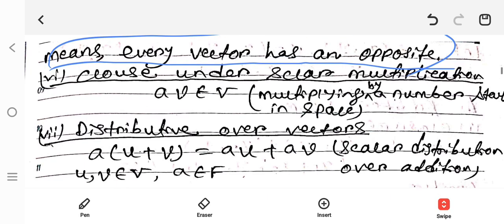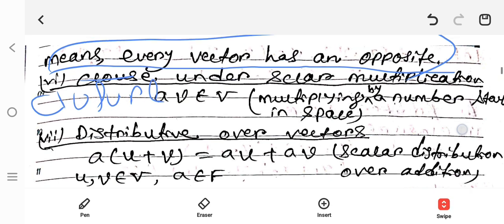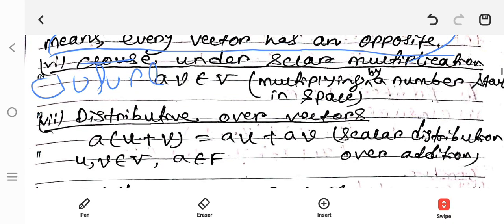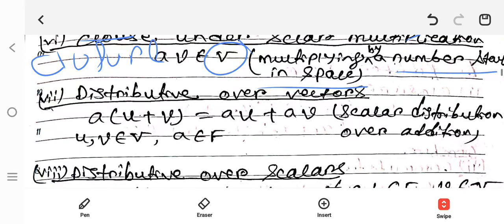Number 6 property is closure under the scalar multiplication. So a times vector v, where a is a scalar, also belongs to space V. Multiplying by a number stays in space V. Number 7 is distributive over the vectors.